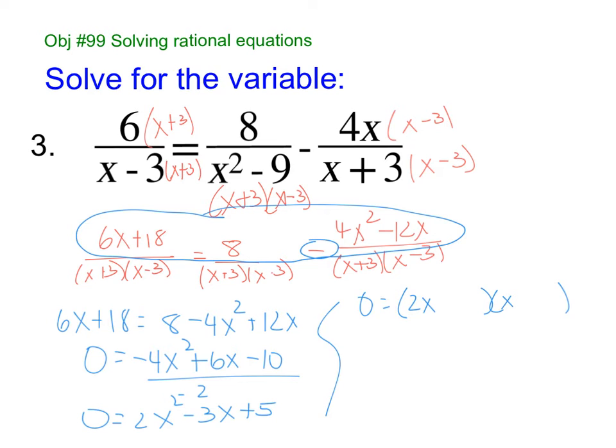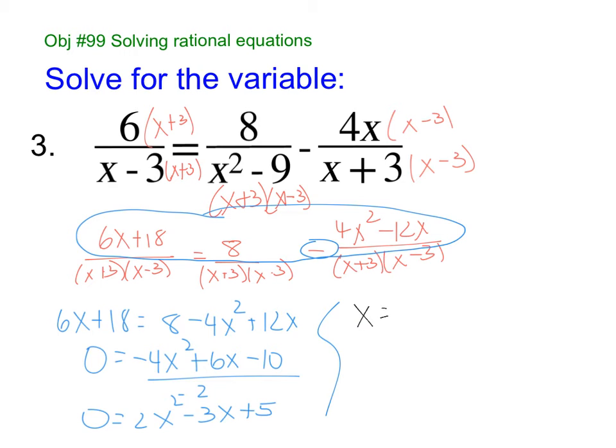That's not factorable because of the signs. Plus 5. Yeah, that's not factorable. Oh man. Do we have to do the quadratic formula? Ugh, I don't want to do quadratic formula. I didn't do this one yet. Alright, let's do quadratic formula.